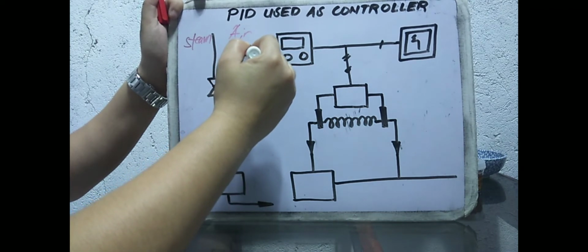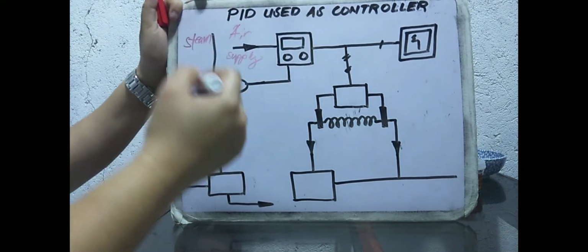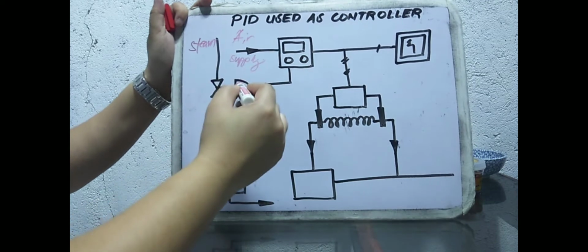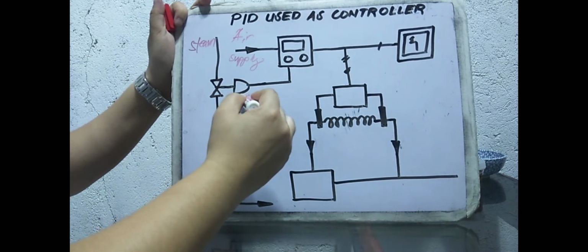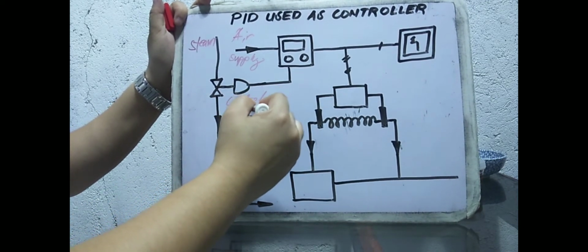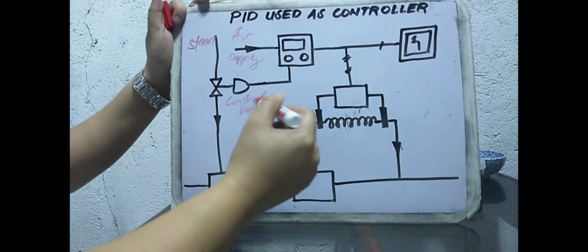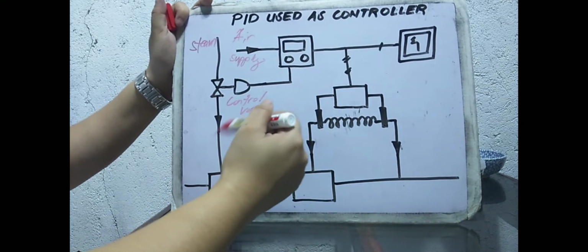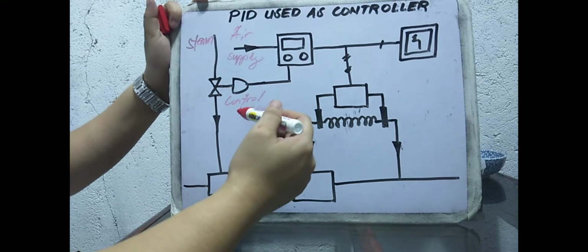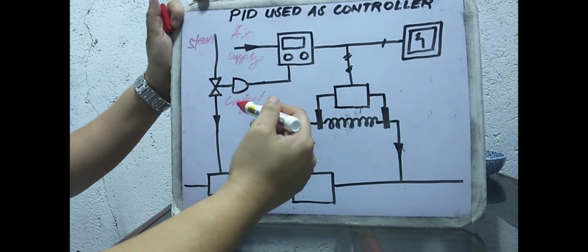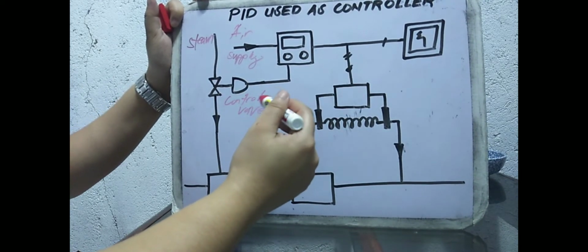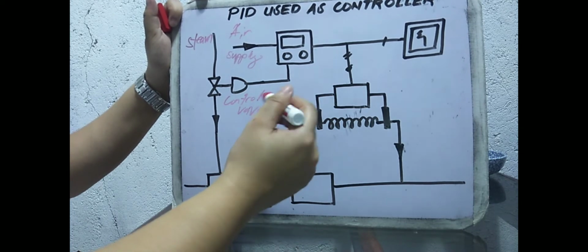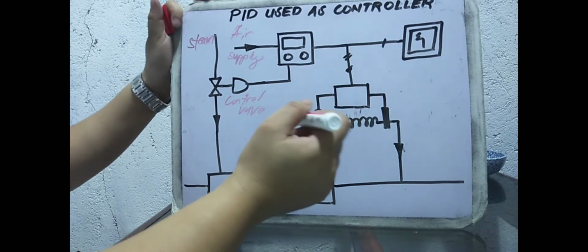The control valve. What is the function of our control valve? The control valve is used to regulate the pressure or the flow rate of the liquid.